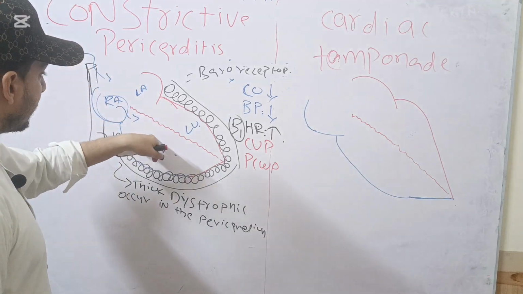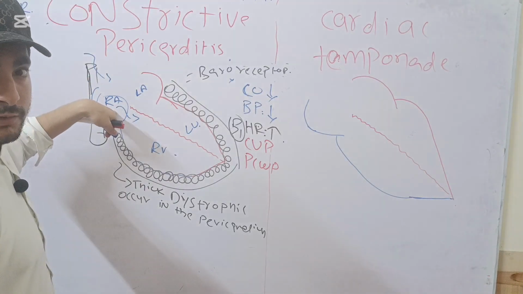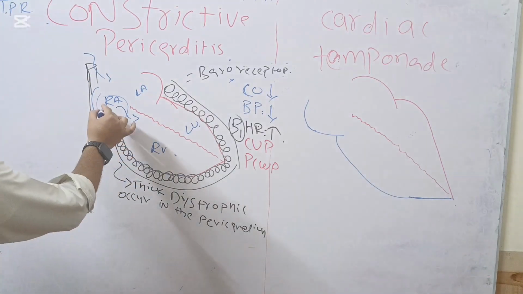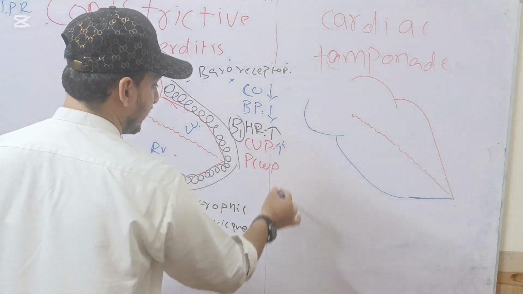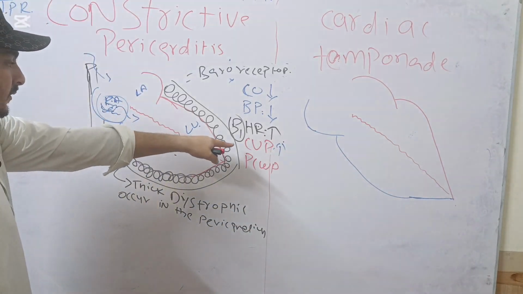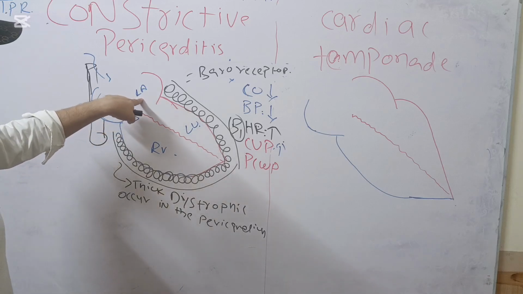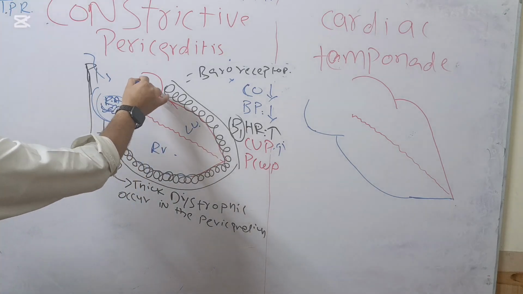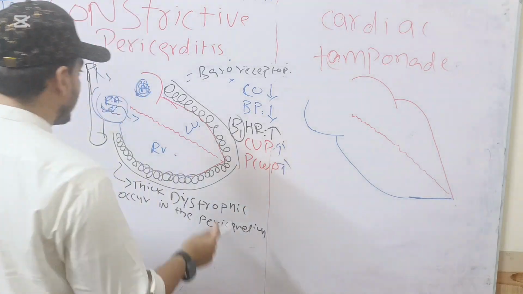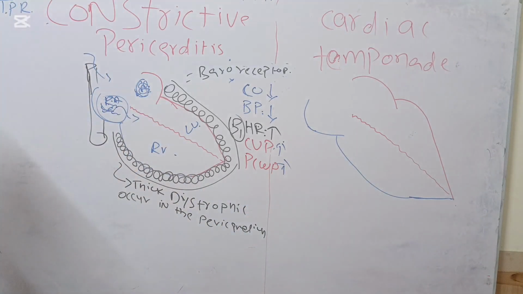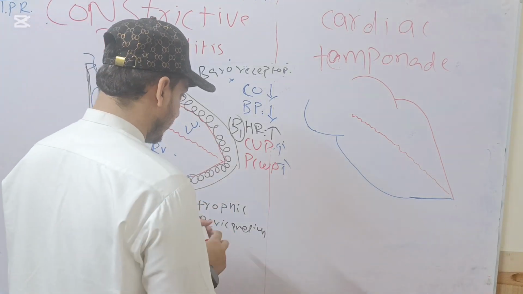Because the blood cannot be pumped properly, it rushes back and pools up here, so the pressure is increased. The pulmonary capillary wedge pressure reflects the left atrium, and the pressure will also be increased.